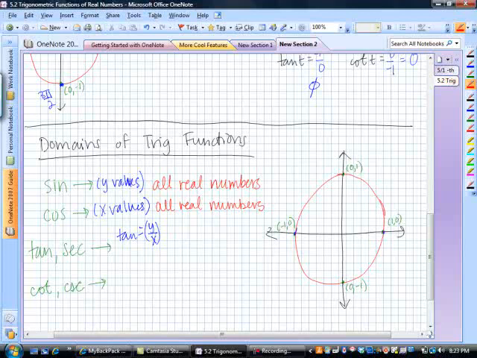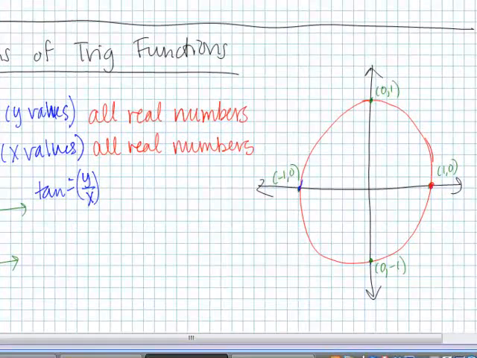Do you see when x is equal to 0, we have to look on our unit circle. At 0 degrees, x is 1. But as we move to 90 degrees, do you see that your x value is 0? Your x value is also 0 at 270 degrees. So tangent is undefined at pi over 2 and 3 pi over 2.